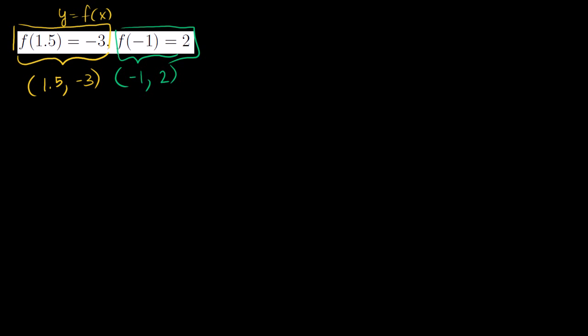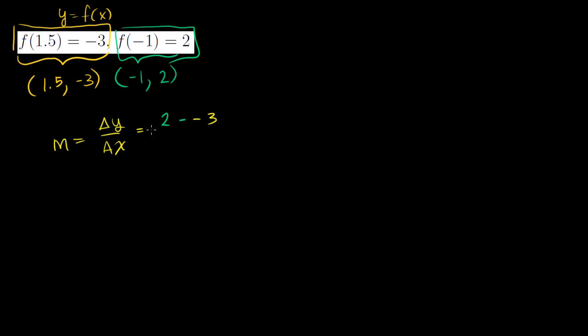Let's figure out the slope of this line. The slope, which is change in y over change in x, is equal to, let's start with 2 minus this guy, negative 3, right?